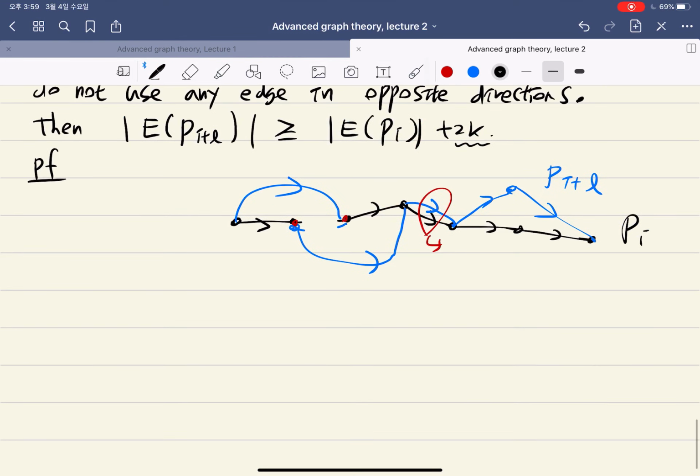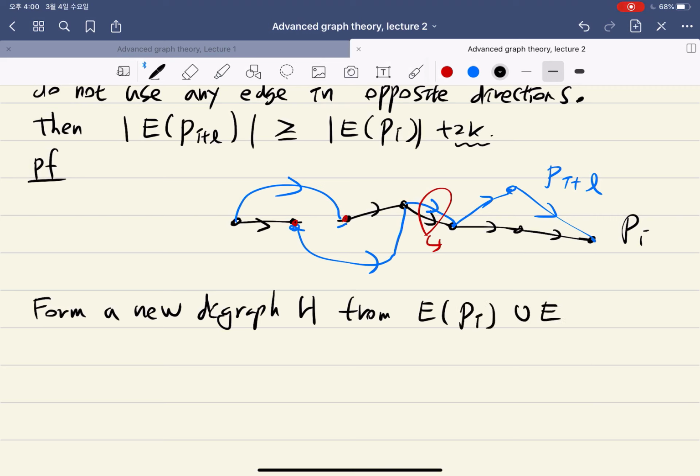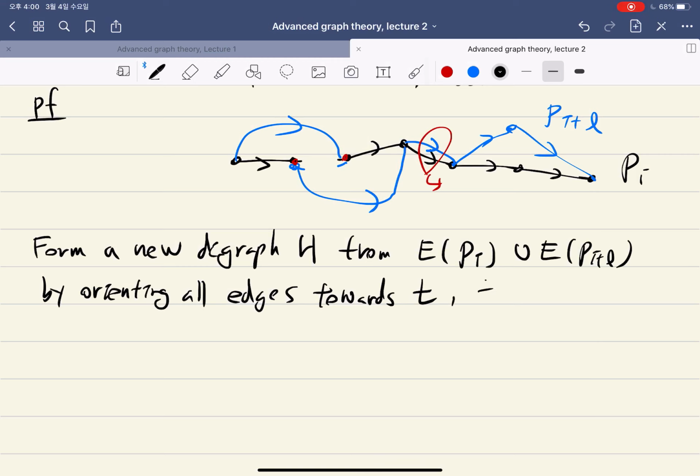Let the resulting digraph be H. So H is not necessarily a subgraph of D, because these edges may be oriented in other ways in the original digraph D. So form a new digraph H from the edges of Pi union the edges of Pi plus l by orienting all edges towards T and taking twice any common edges.